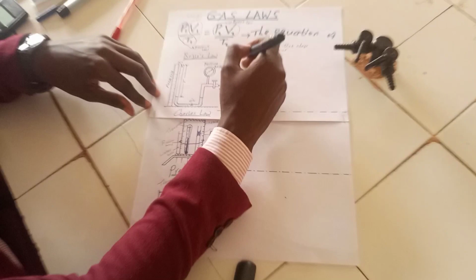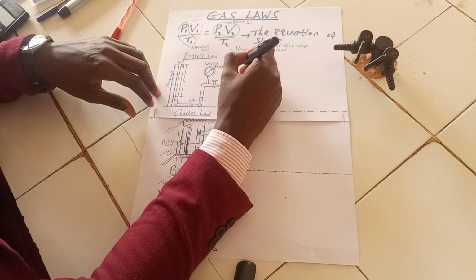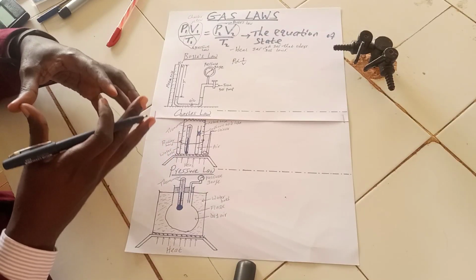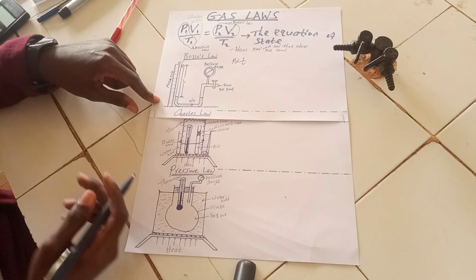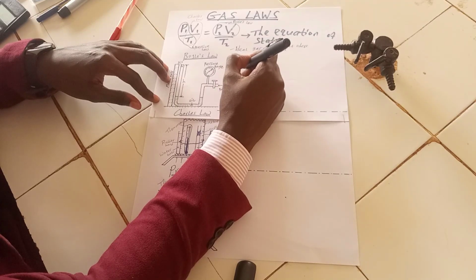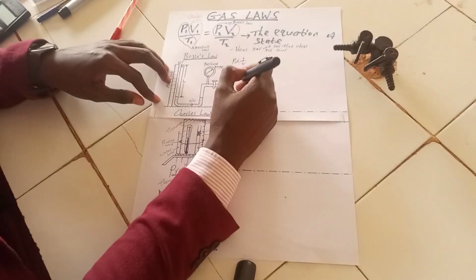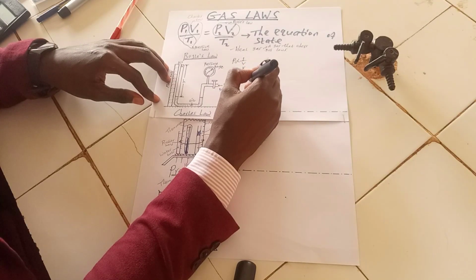In other words, pressure is inversely proportional to volume, because we are reducing volume and pressure is increasing. If you remove the proportion sign, it means pressure equals K all over V. You introduce a constant to remove the proportion sign, and that means if you multiply by V both sides, PV is K, a constant.